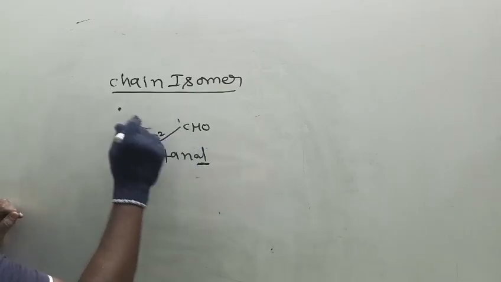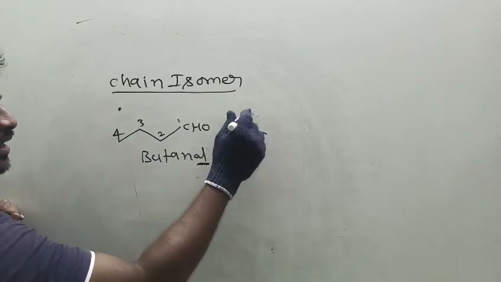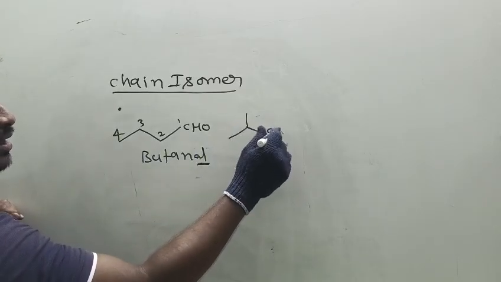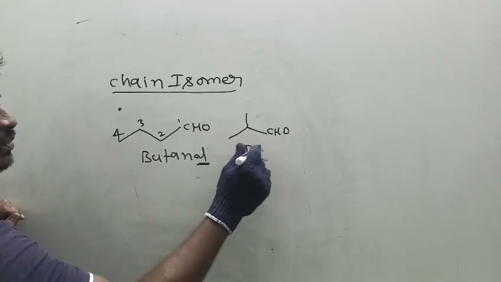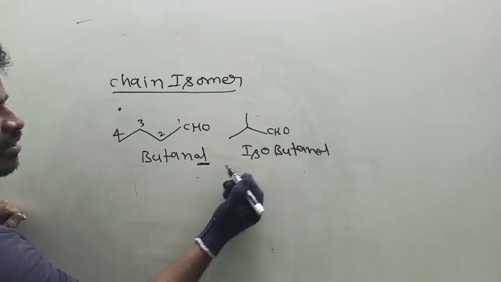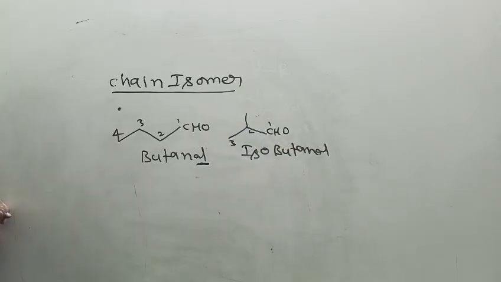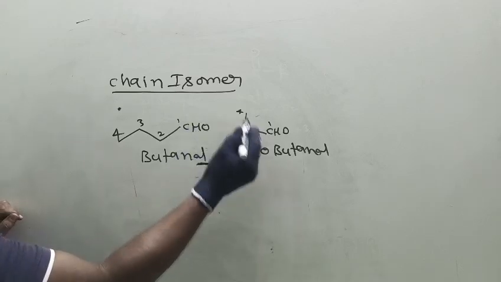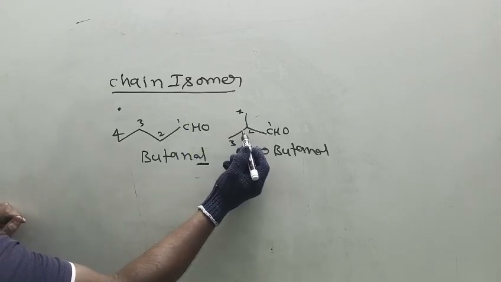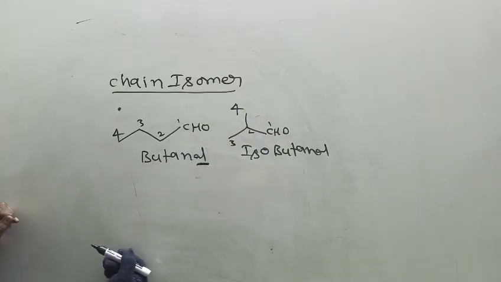But indicates it has 4 carbons, and it can be written as isobutanal. In this compound, the straight carbon chain has 3 carbons, and the 4th carbon is present on the 2nd carbon. It indicates it has one branching at the 2nd position.